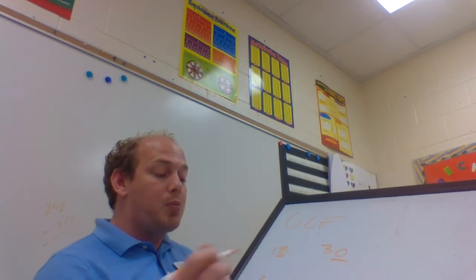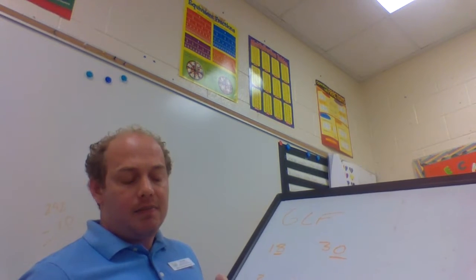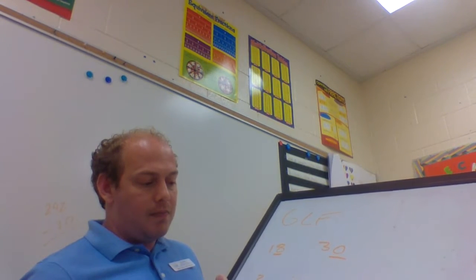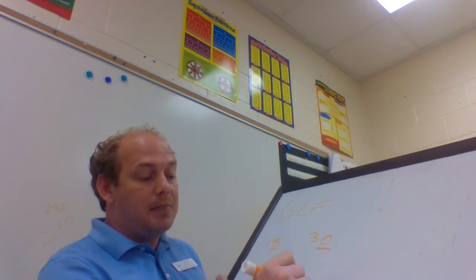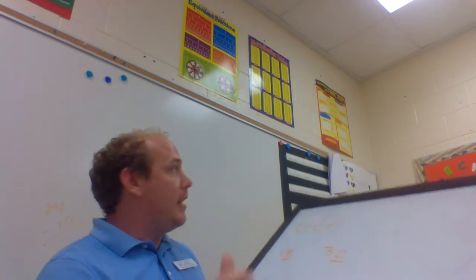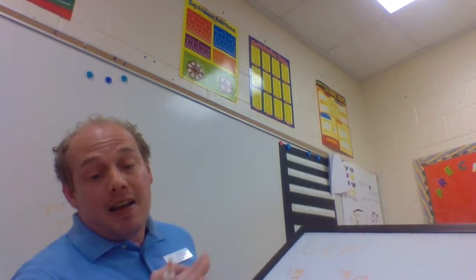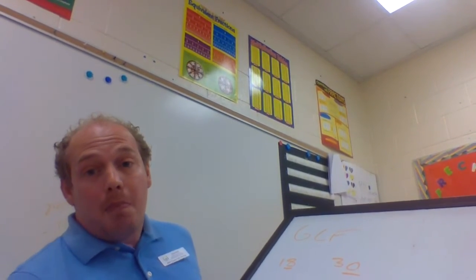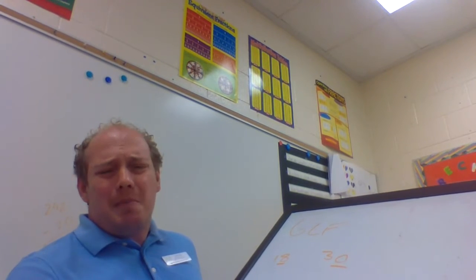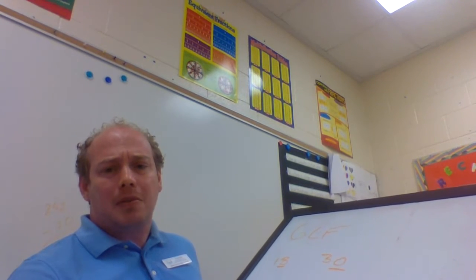So 2 times what equals 18? Right, 2 times 9. And if you looked up at my multiplication chart, that's what it's there for. But try to memorize your multiplication tables. It's going to make your life a lot easier.